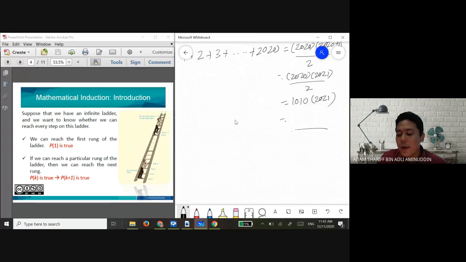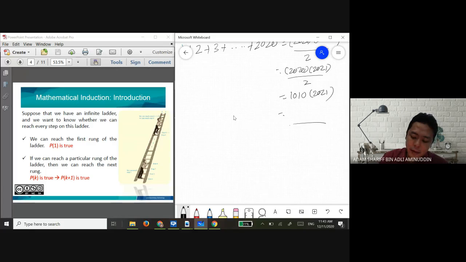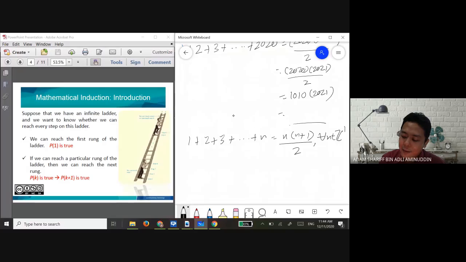The point right now is that 1 plus 2 plus 3 plus a certain integer n will be n times n plus 1 over 2, for every n which is a positive integer.